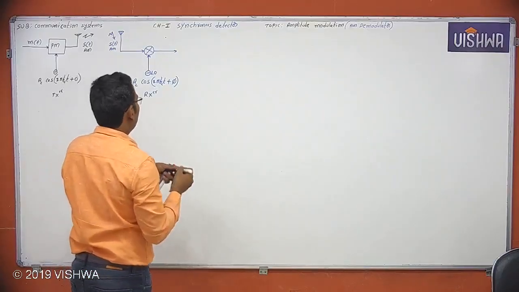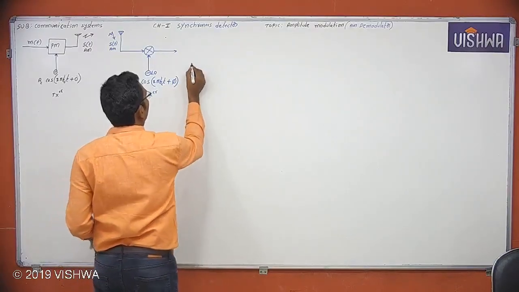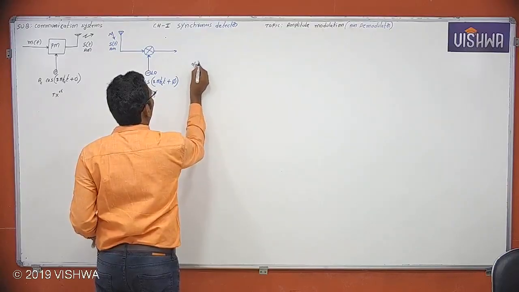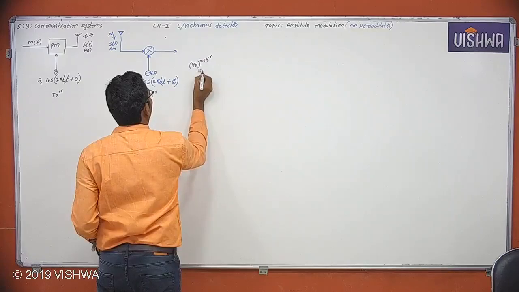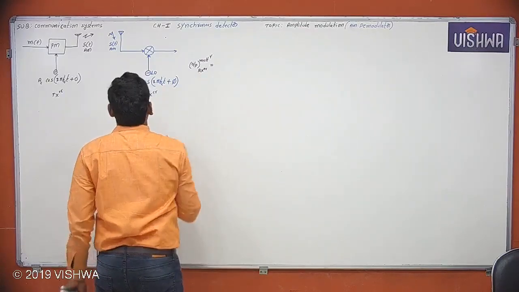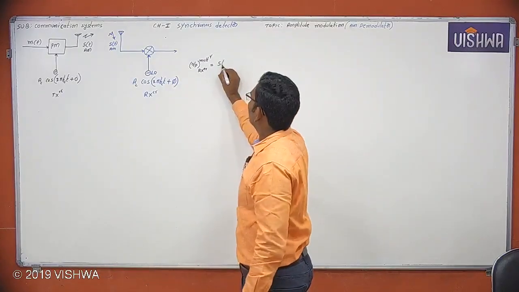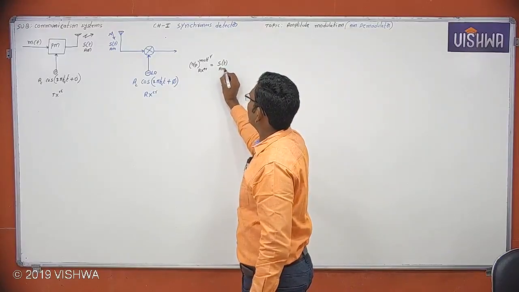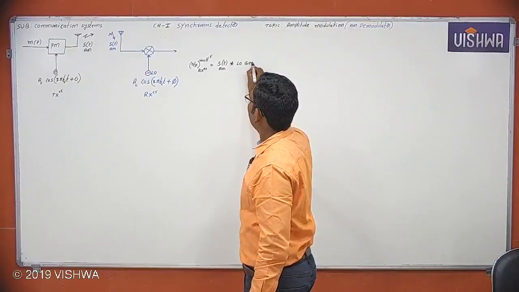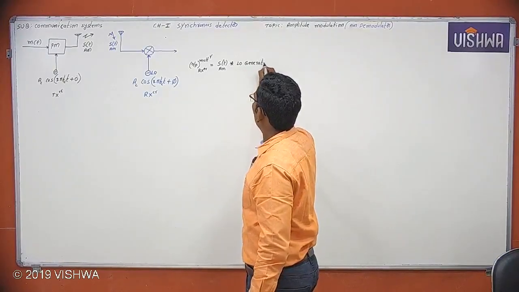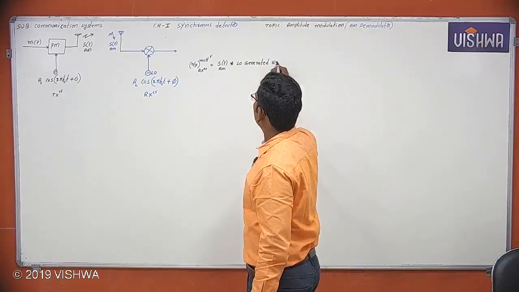Now, what is the output of the multiplier at the receiver? The amplitude modulated signal is multiplied with the local oscillator generated signal.